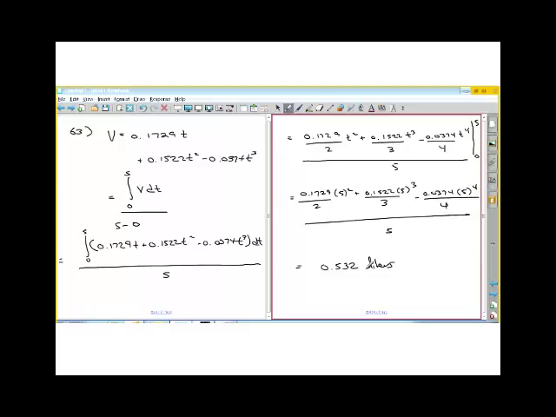And let me just check the answer. I'm not going to graph it this time. I'm just going to look in the answer book. 0.5318 liters.